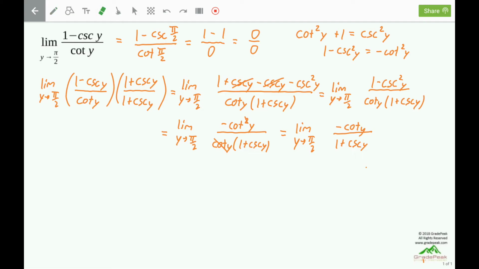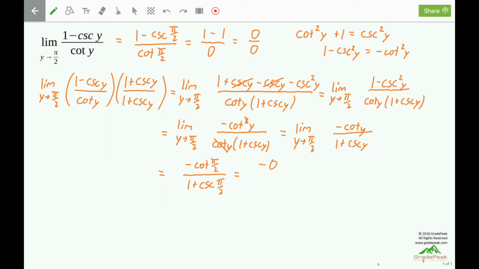At this point, we can plug in pi over 2 for each of the remaining y's. That will give us a negative cotangent of pi over 2 divided by 1 plus the cosecant of pi over 2. The cotangent of pi over 2 is the cosine of pi over 2, which is 0, divided by the sine of pi over 2, which is 1. 0 over 1 is 0.